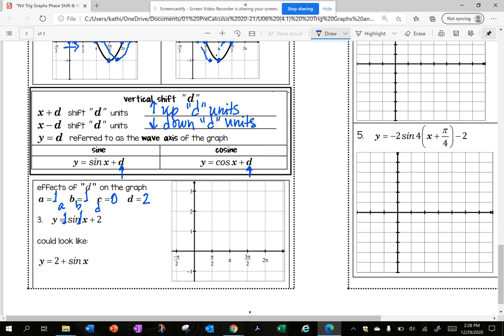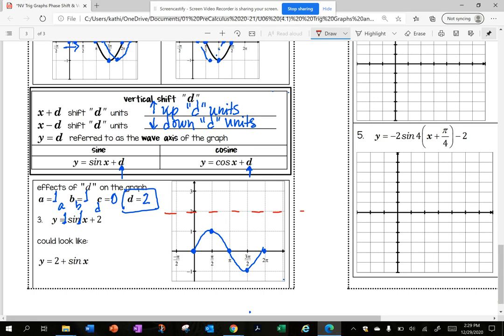Okay, so I'm starting out by looking at a sine wave. A standard sine wave starts at the wave axis. I go to a maximum, come back down to the wave axis. I go to the minimum, and I return to the wave axis. So this is my standard sine wave. I am going to put my wave axis at y equals 2 on my graph.